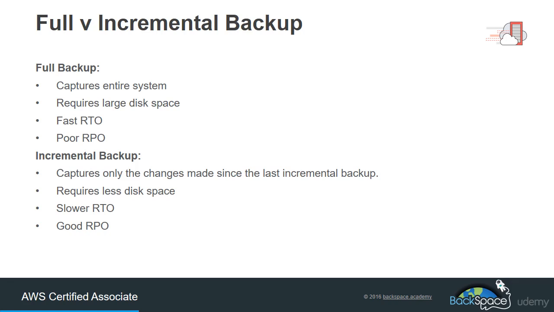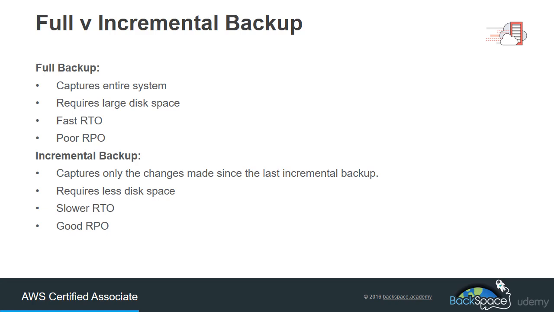The next option there is incremental backups, and that is what we would normally use, where we would first do an entire backup or a full backup, and then from that point onwards, we would do incremental backups, and they would only capture the changes that were made since the last backup. That obviously requires less disk space, because we're only capturing the changes that were made. We're not doing a full backup every time that we do a backup.